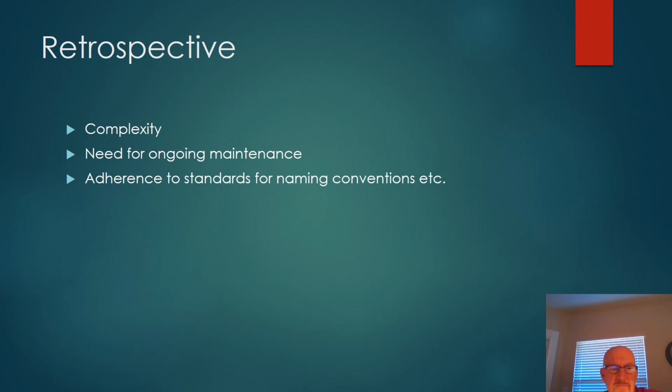Nobody's ever going to be in a position forever themselves, they're going to have to pass it along eventually. And for somebody to come in behind them and pick up that ongoing maintenance, they're going to need to be able to look to those standards and naming conventions and understand what it is that's out there. And when you get into a big organization, my goodness, I can only imagine the incredible risk for mistakes because of lack of adherence to standards and naming conventions.